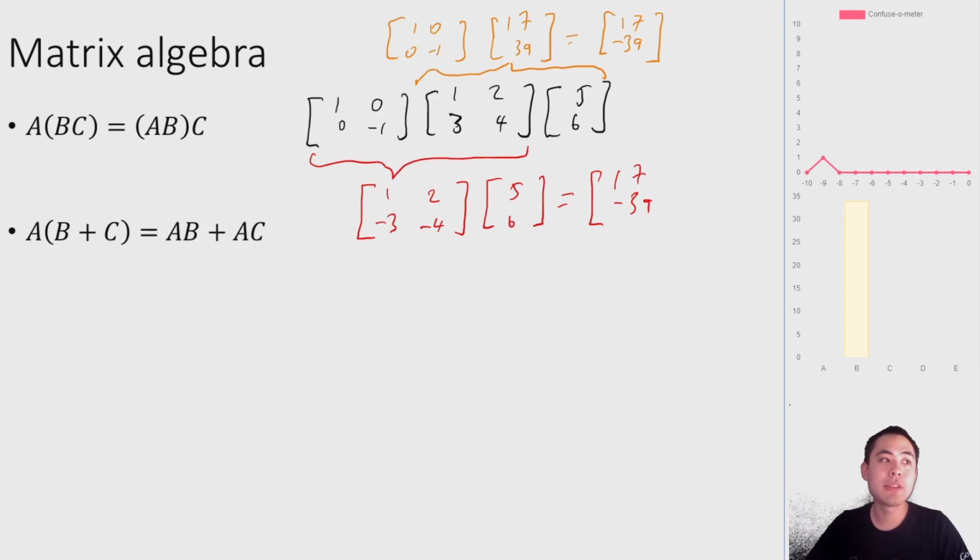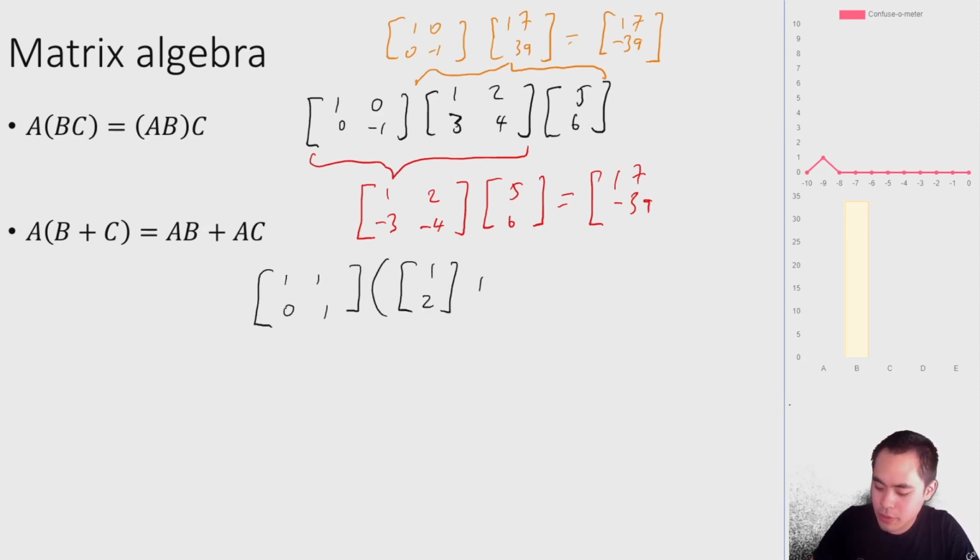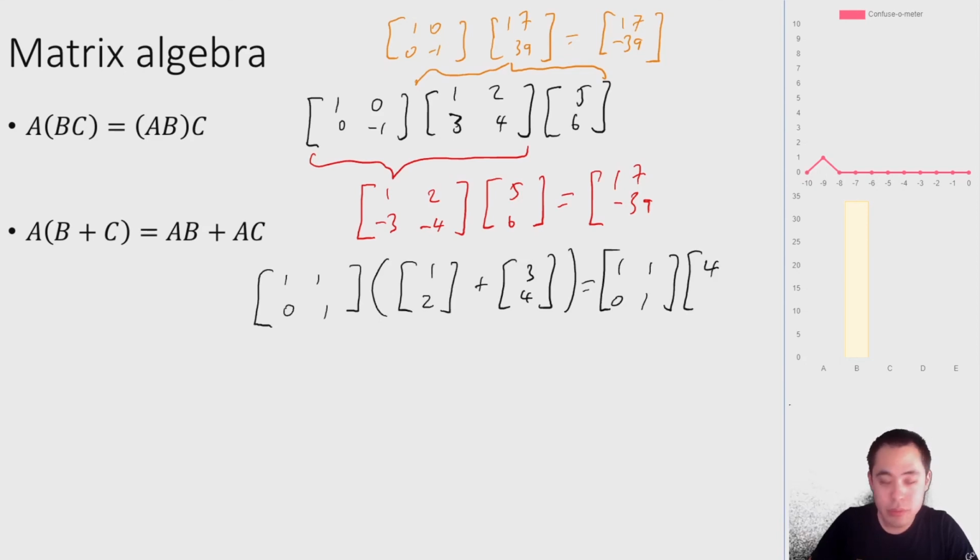Another property is the distributive property. If you have A times (B plus C), that's equal to AB plus AC. Let's see this quickly. If we have [1, 1; 0, 1] times ([1; 2] plus [3; 4]), this is equal to [1, 1; 0, 1] times [4; 6], which is going to be equal to [10; 6].